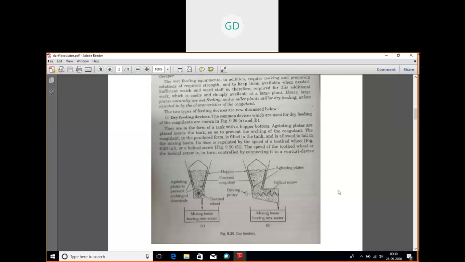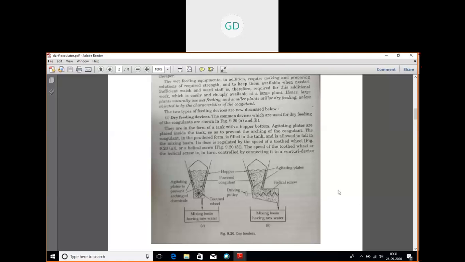And when the coagulant is made into a solution and then put in the water, it is known as wet feeding, and that is done in a wet feeding device. The work of the feeding devices is just to feed the coagulants to the water.